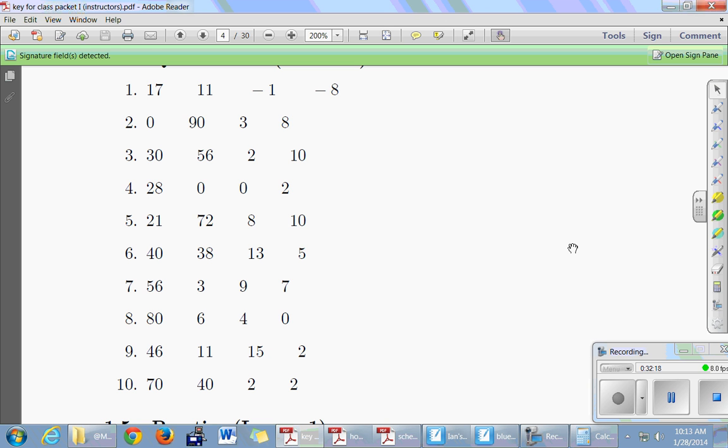Next row: 30, 56, 2, 10. 28, 0, 0, 2. 21, 72, 8, 10. 40, 38, 13, 5. 56, 3, 9, 7. 80, 6, 4, 0. 46, 11, 15, 2. 70, 40, 2, 2.